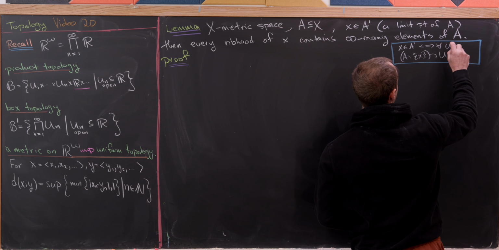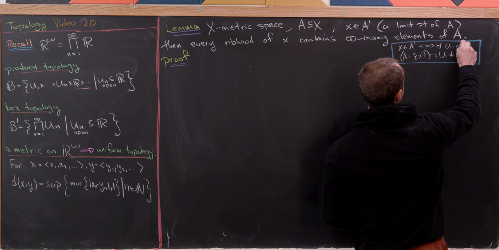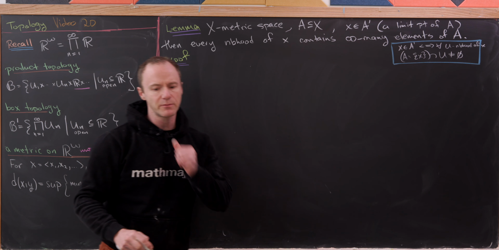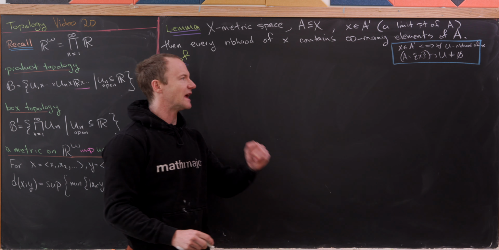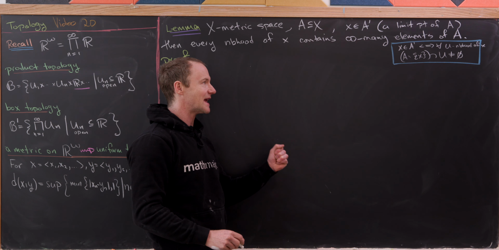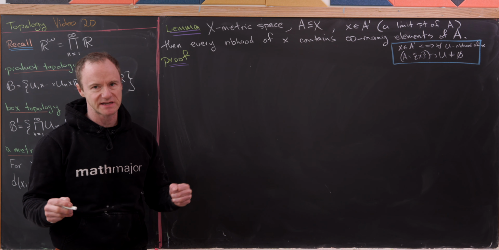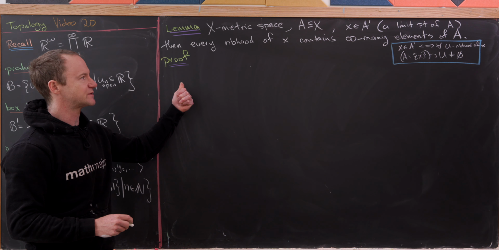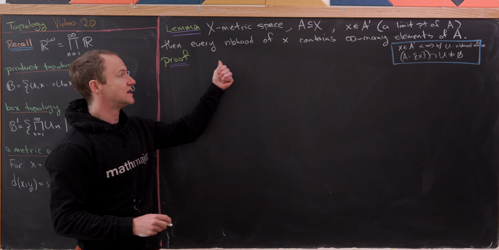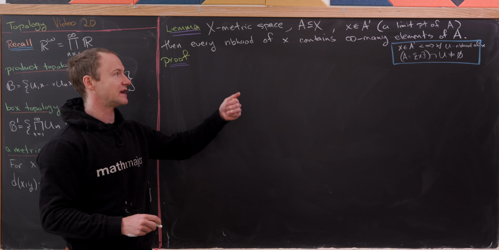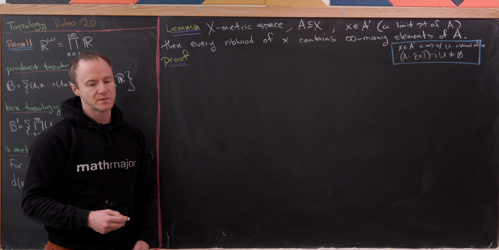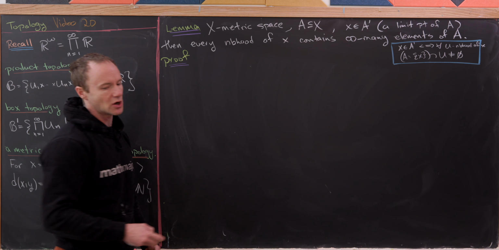So the important thing here is that U intersects A at a point other than x. That's what it takes for x to be a limit point of A. So of course, in a metric space, we're going to get something stronger because not only does it contain a point other than x, it contains infinitely many elements of A. Okay, so let's get going.